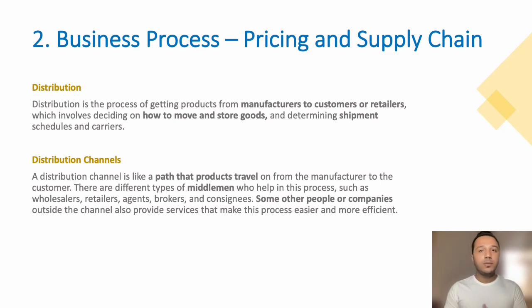There could be a lot of middlemen in the distribution channel. Those could be retailers, brokers, consignees, different agents, different smaller companies, outsourcing companies, which help you to distribute your product quickly and swiftly.